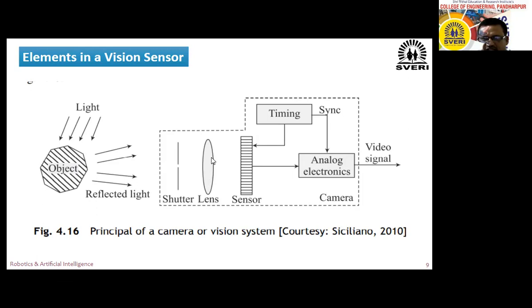All the rays get condensed in the lens, and the sensor is there. The reflected light falls on the sensor, and then it is given to the system. Then there is an analog electronic system, and that analog electronic system generates a video signal.